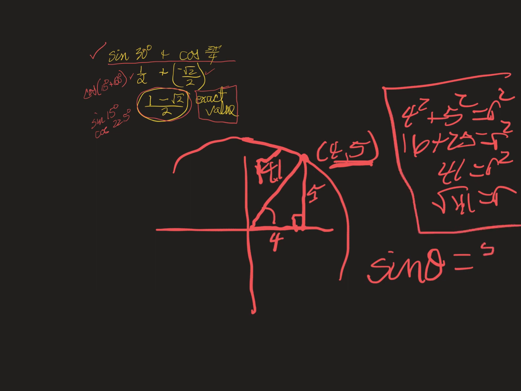So that's going to be 5 over the square root of 41. And once we know that, we can find theta by taking the inverse sine of 5 over the square root of 41. And there's our answer. In fact, in my old textbook, this is as far as I had to go. I didn't have to give a calculator answer because this is exact.